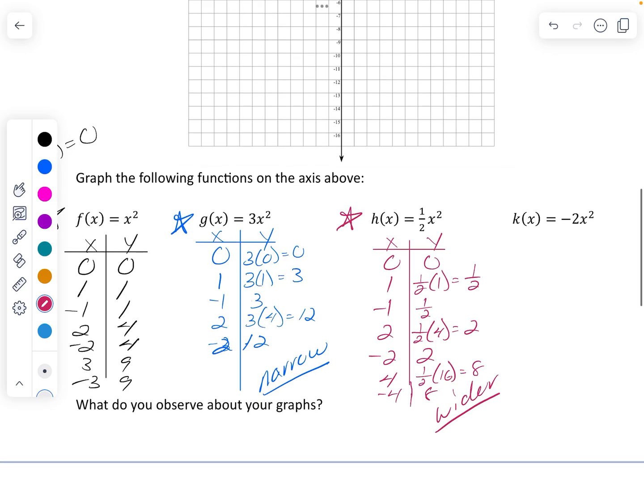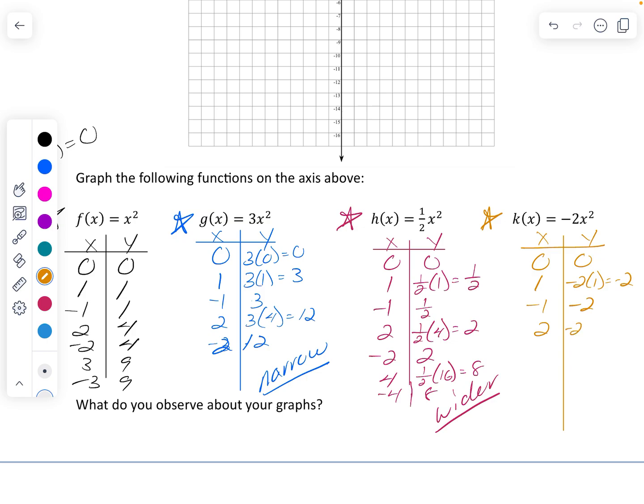And finally, let's do this one maybe in this yellow gold color. And we're going to plug in 0 is still 0. 1. Negative 2 times 1 is negative 2. So negative 1, same thing.